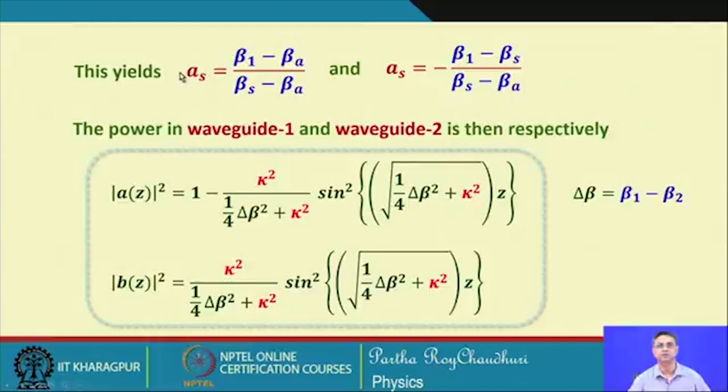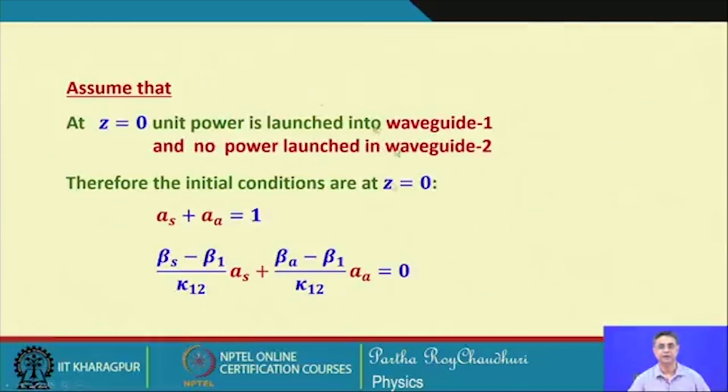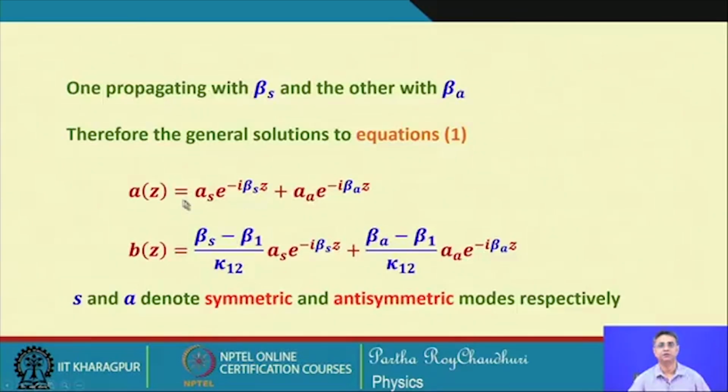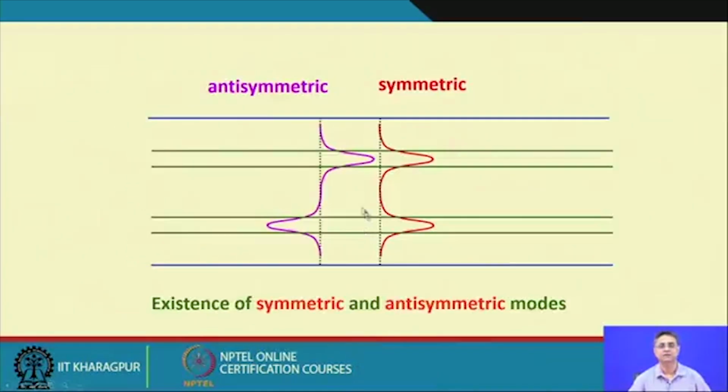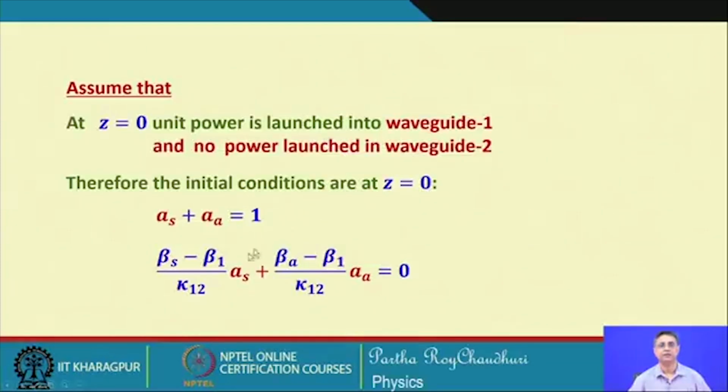If I substitute this A s and A a back into the equation for the power of the individual waveguides, in place of A a and A s I will substitute the terms containing beta 1, beta s, beta a and k 1.